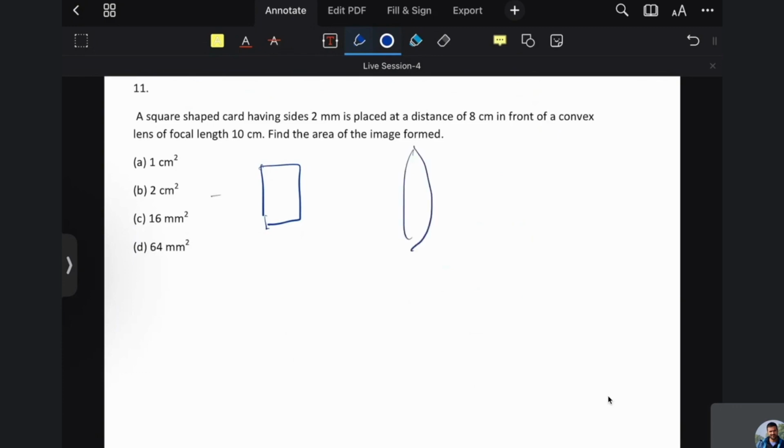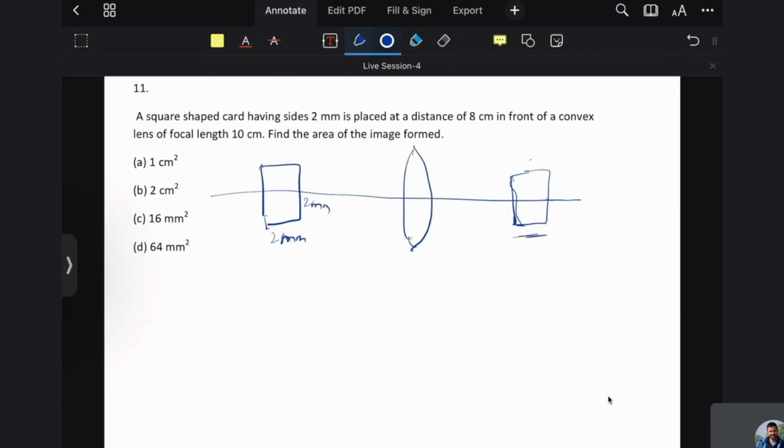Now what does the convex lens do? It converges the light rays coming from an object, and here an image will be formed like this of this square shaped card. So its dimensions are 2 mm length and breadth, and we have to find the area of this image.